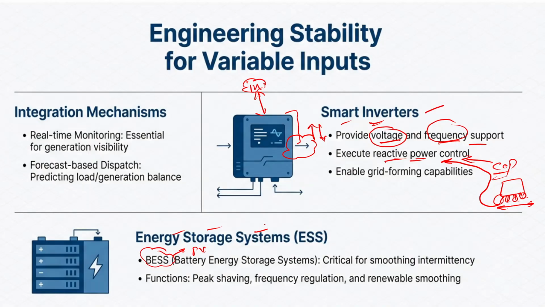When we already have the surplus energy which has been generated, the energy can be stored in the battery banks. These battery banks are critical for smoothing the intermittency, as the energy stored within the battery banks can be pumped to the grid wherever required. It could be scheduled or else on an on-demand basis.